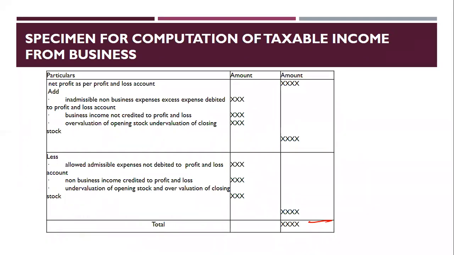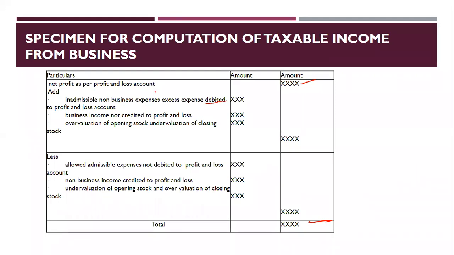Okay. So here we have to compute the net profit as per the profit and loss account, whatever is given in the question. We have to consider that. And next is inadmissible expenses. What do you mean by inadmissible expenses? Inadmissible expenses are expenses which are not related to business, but they have been debited. Such kinds of expenses we have to add back.